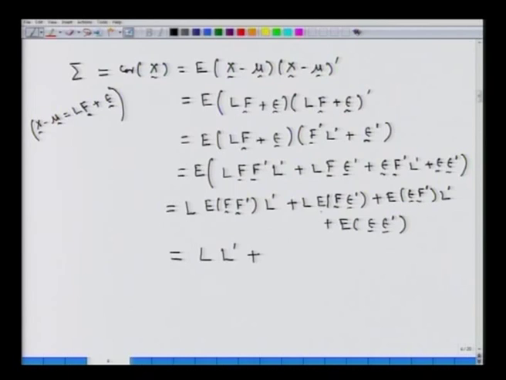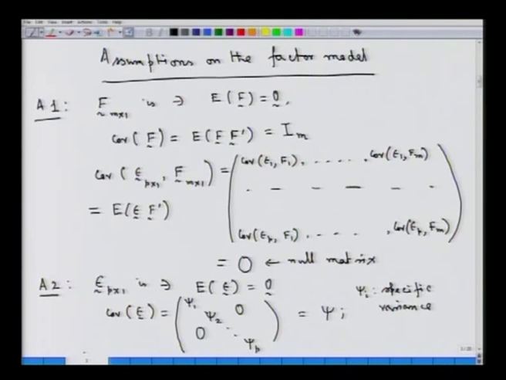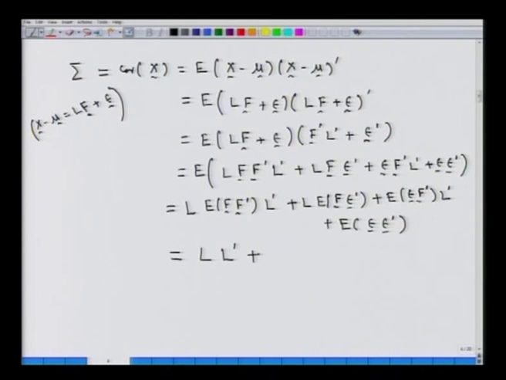What happens to the second term? This is the expectation of F epsilon transpose. This is just the covariance matrix of F with epsilon. That is the definition. So, the covariance between epsilon and F is written in this form, which is also equal to the transpose of that. We had this by the assumption as the null matrix, and hence the covariance between F and epsilon also is a null matrix.